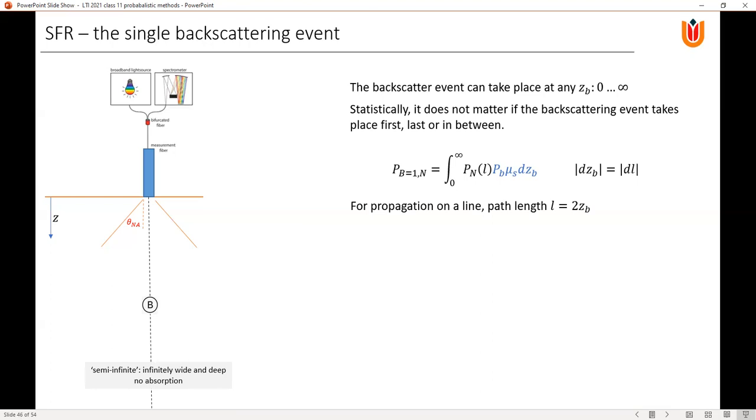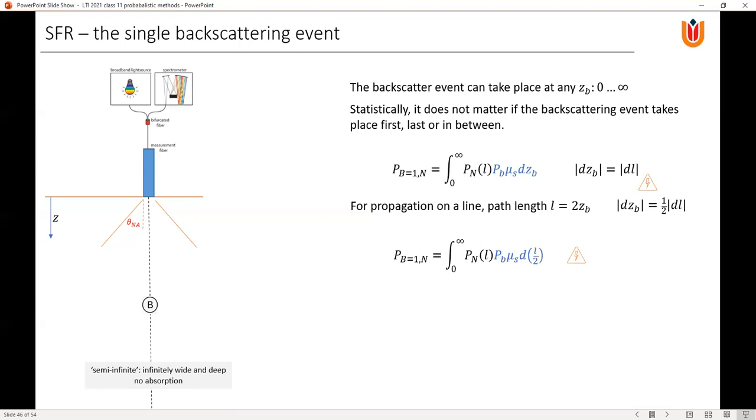For propagation along a line, let's say that the photon is scattered at position ZB, then the length of the path would be 2 times ZB. Any propagation is a straight line, so if the position of the backscattering event is ZB, then it's the length ZB to here and length ZB back to the z-vector. So in that case, L would be 2 times ZB, and then DZB would be half times DL. That is a little bit contradictory, and it does not work.